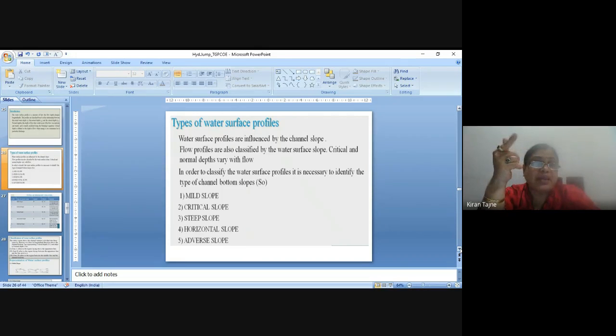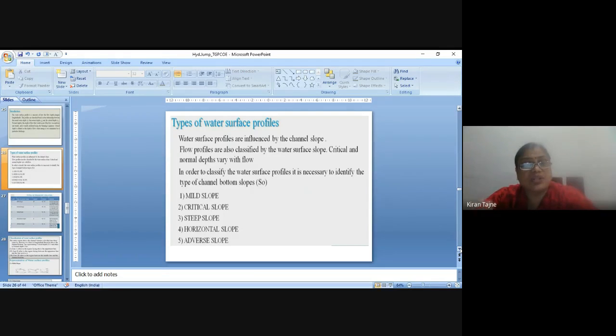In mild slope, yn is greater than yc. Here in steep slope, yn is less than yc. Normal depth is less than yc, but the bottom slope S0 is greater than the critical slope. Then it is termed as steep slope.